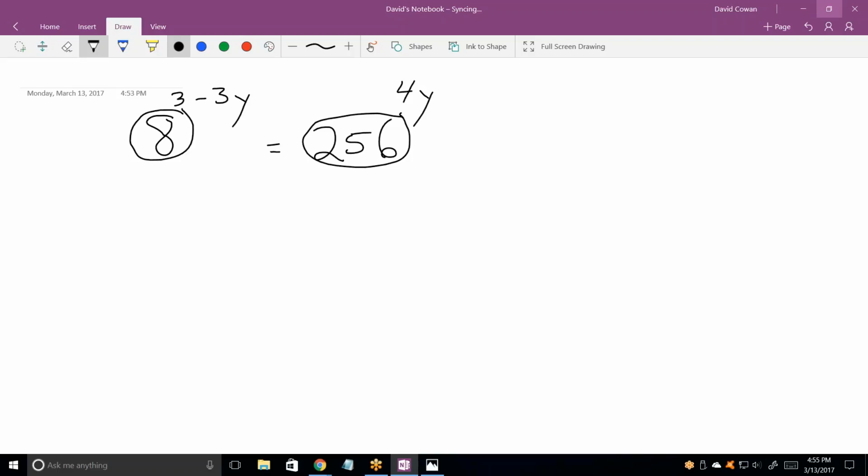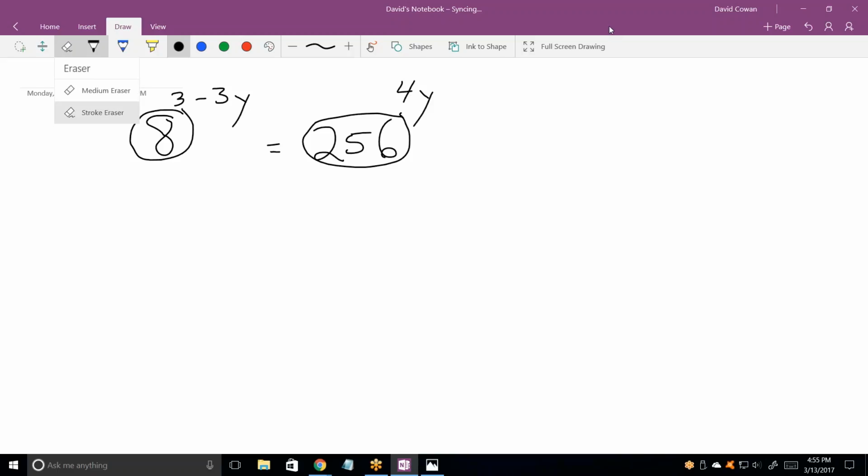Well, 8 squared is 64, and 8 cubed is 256, is it not? It's actually 512. 8 times 8 times 8 is 512. Okay.